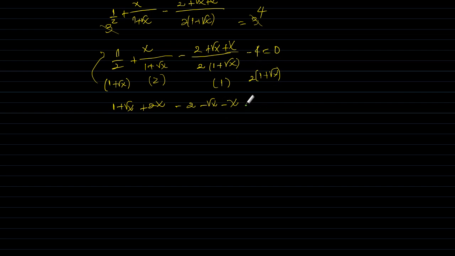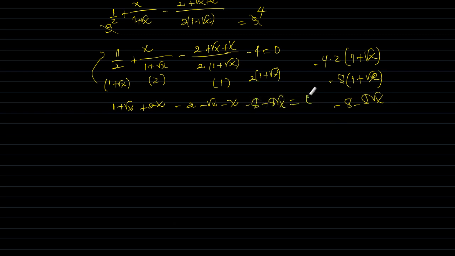And I'm going to have here minus 4 times 2 times 1 plus square root of x, so this would be minus 8 times 1 plus square root of x, which is minus 8 minus 8 square root of x, right? So replacing here we're going to have minus 8 square root of x, and this is equal to 0.